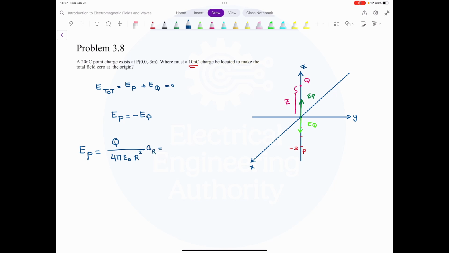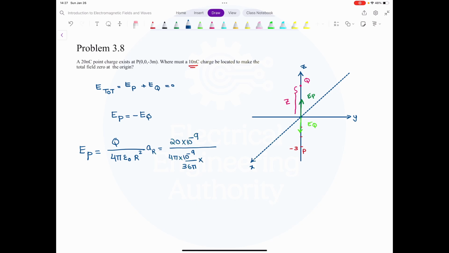My Q is actually 20 nanocoulombs. So it's 20 multiplied by 10 to the negative 9 over 4 pi multiplied by 10 to the negative 9 over 36 pi multiplied by r to the power of 2.